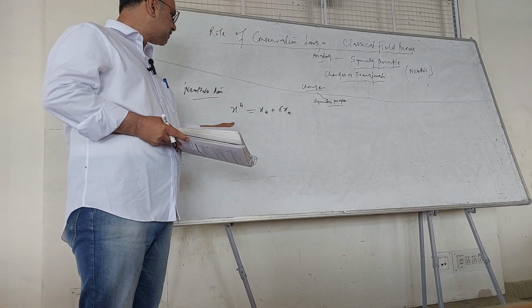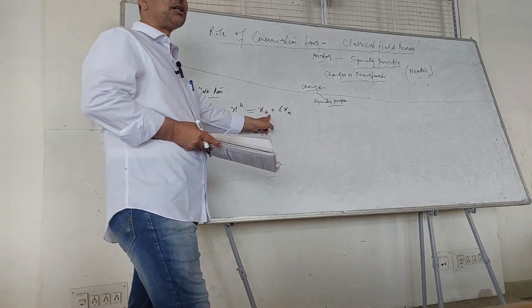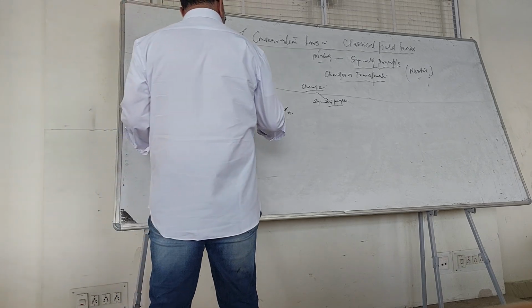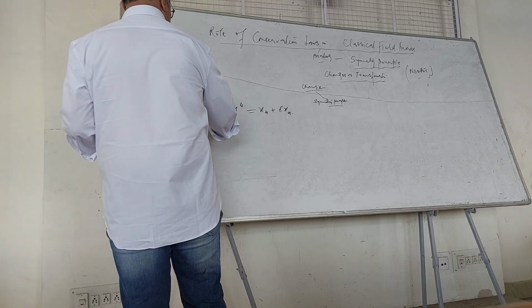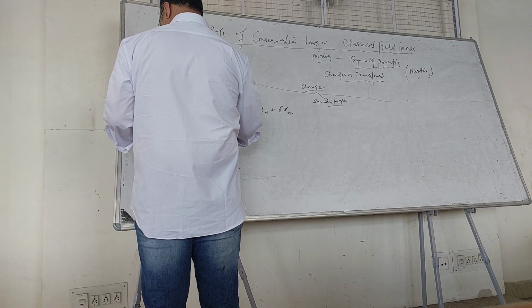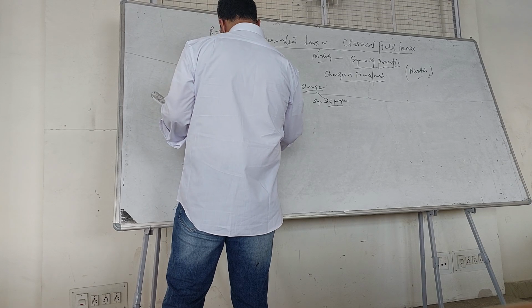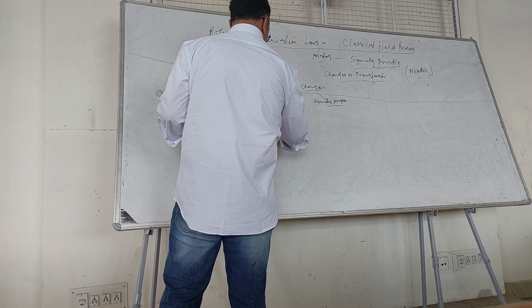So if the system changes from x mu to x mu plus delta x mu, then the corresponding field quantity associated with it, phi r of x, changes: phi prime r of x is phi r of x plus a change.